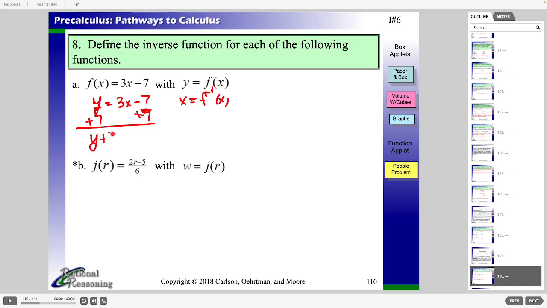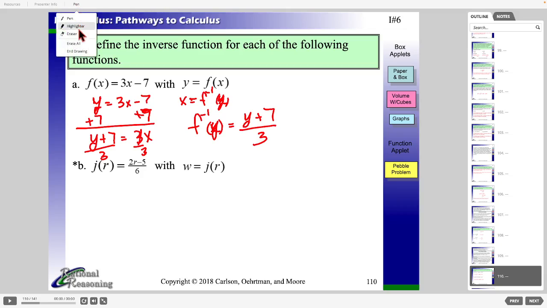You get y plus 7 equals 3x. Divide both sides by 3. So this is our inverse function, this is what x equals. So we're going to say f inverse of x equals, oh wait, I messed up, f inverse of y. So y is the input, and we get y plus 7 over 3.